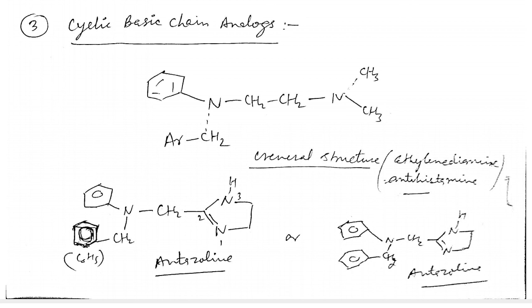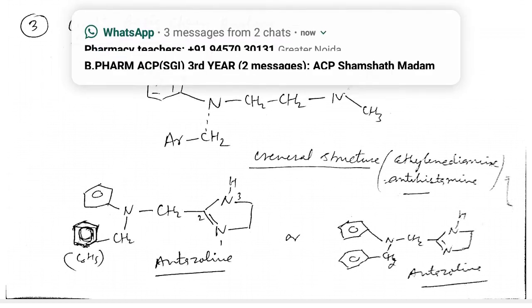Now, today we are going to discuss the third class of H1 antagonists or H1 antihistaminics, that is cyclic basic chain analogs.